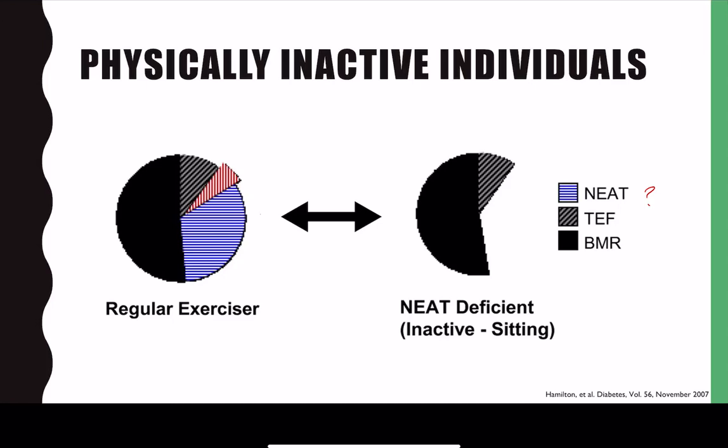These people are sitting, not just not exercising. 90% of all calories expended from physical activity come from non-exercise activity, standing, and non-exercise ambulation. This is the bulk of the energy expenditure, all the movements of our day.